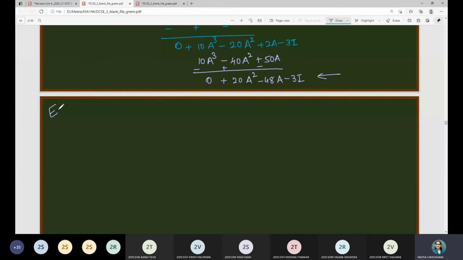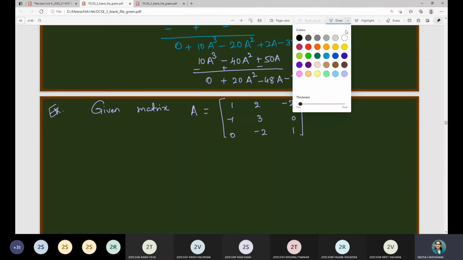Given matrix A is equal to 1 2 -2, then -1 3 0, 0 -2 and 1, right? So find out its characteristic equation and let me know which characteristic equation you are getting.